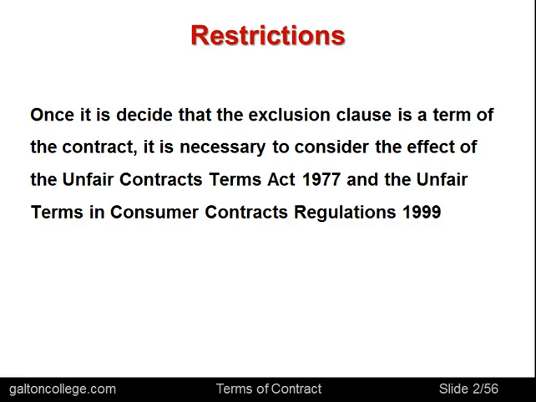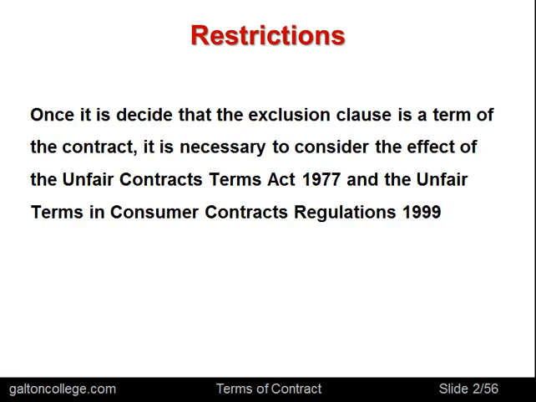Now, once it is decided that the exclusion clause is a term of the contract, it is necessary to consider the effects of the Unfair Contract Terms Act 1977, which of course is in the UK, and the Unfair Terms in Consumer Contracts Regulations 1999. So if an exclusion clause is deemed to be a term of a contract, it's necessary to see what the effects of that exclusion clause will be.